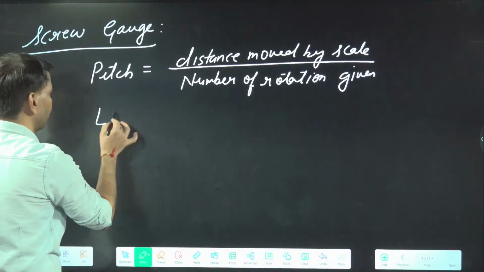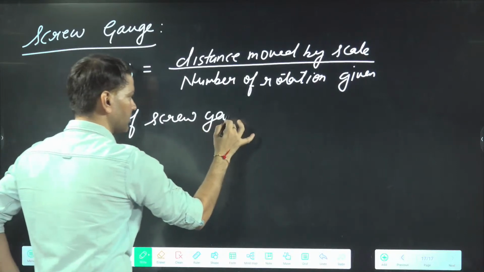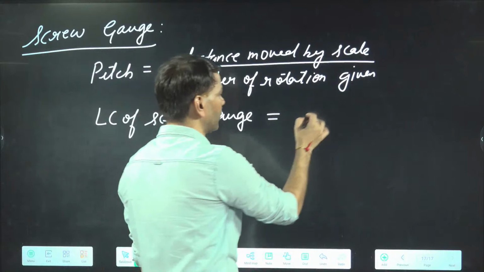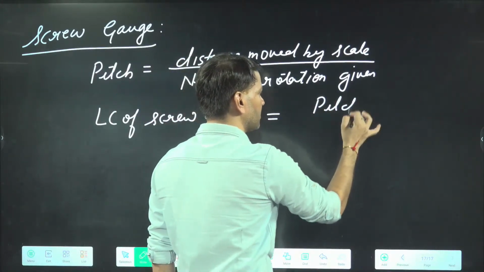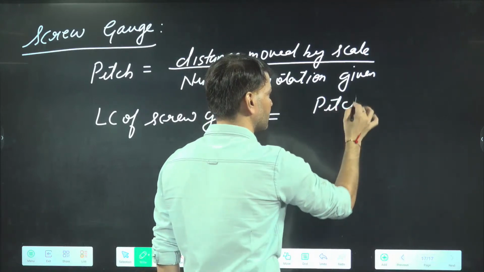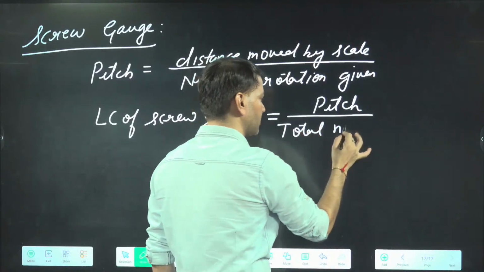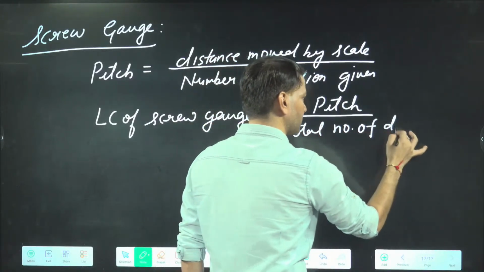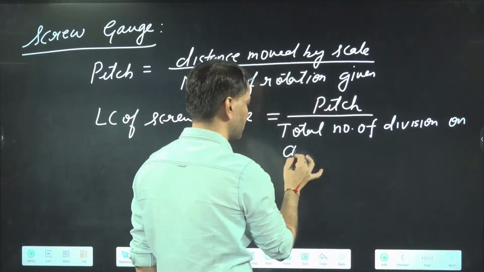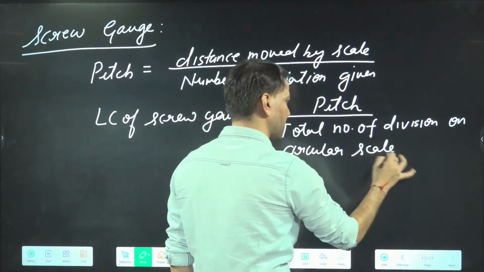Now the least count of the screw gauge. That is equal to pitch upon total number of divisions on circular scale.